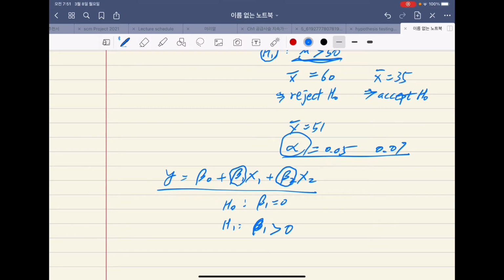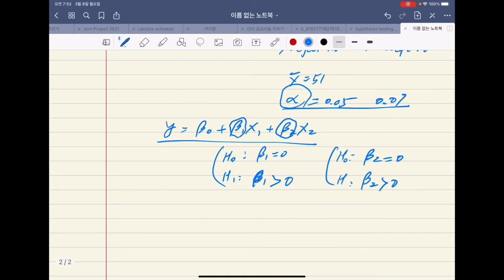Or if you want to show that there is a positive relationship between x2 and y, you can set up a hypothesis like this. In order to test these hypotheses, you get the data and find the estimates from the sample data.